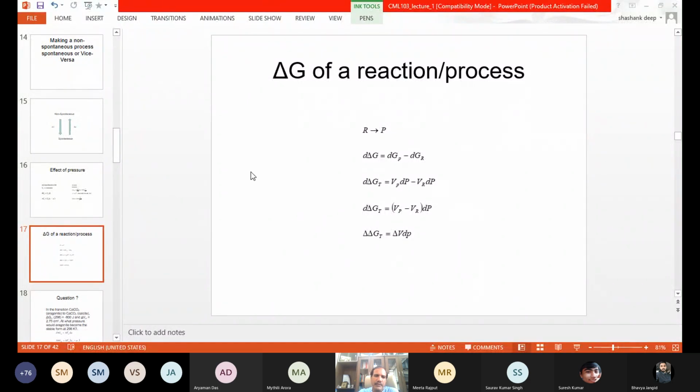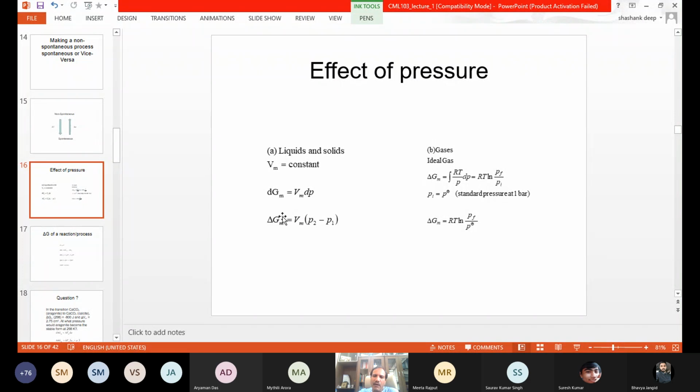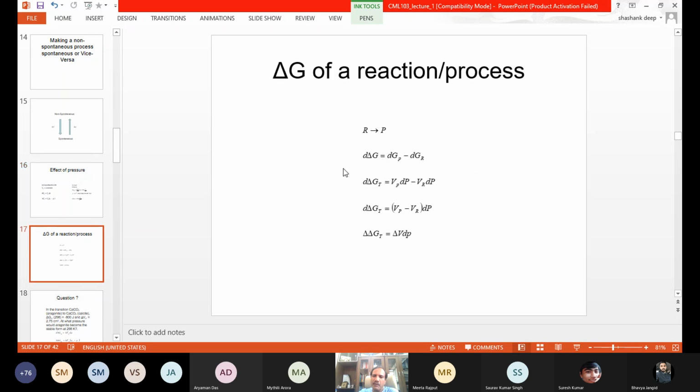Now take the reaction R going to P. Here I talked about the effect of pressure on the free energy of either a reactant or a product. Right now we will talk about a process. For a process, you have to look at how delta G changes, because for R to P you have a delta G value, which is nothing but G of product minus G of reactant.